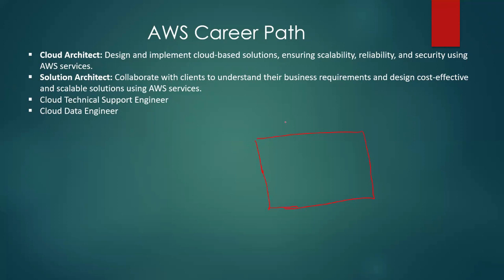You can work as a cloud architect who can help them migrate all their infrastructure from the on-premise setup into cloud. This is the initial job role you can do. As a solution architect, you can help existing organizations which are using on-premise setup to migrate to cloud.